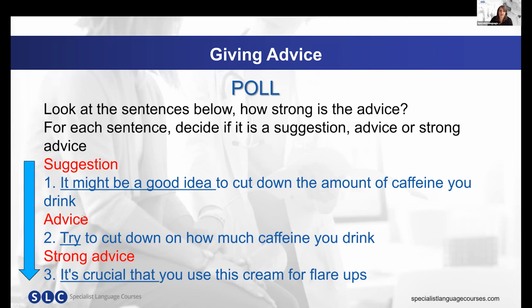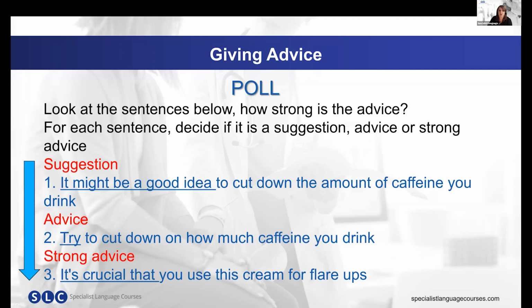We have then got slightly stronger advice, which is suggesting that it's important that your patient does this and they need to make quite an effort. So we've got try to, cut down, and then we've got strong advice, as we've seen in the previous role card, that it's important that the patient follows this advice.